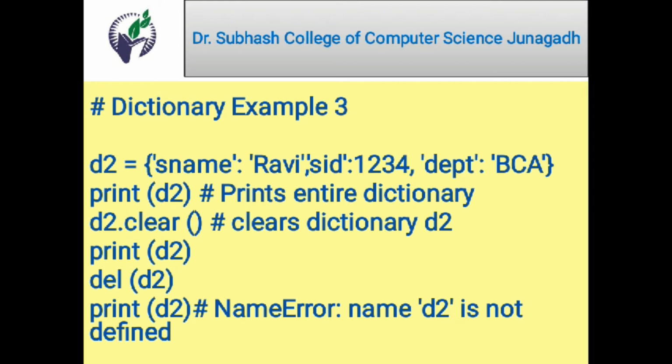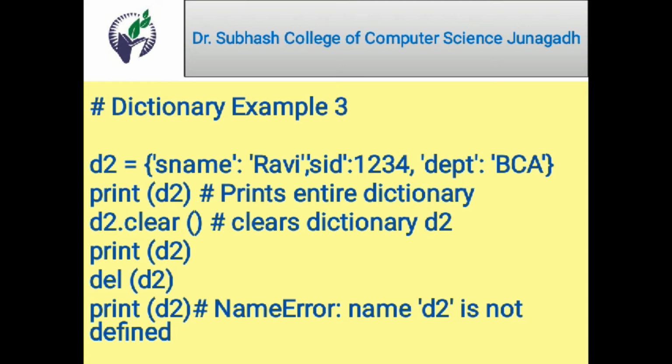Clearing a dictionary is different from deleting a dictionary. del D2 is a function that we have seen. It will remove this object from memory. It no longer exists after this statement, and once I try to print D2, it will give a name error. Why? Because we have already removed it.